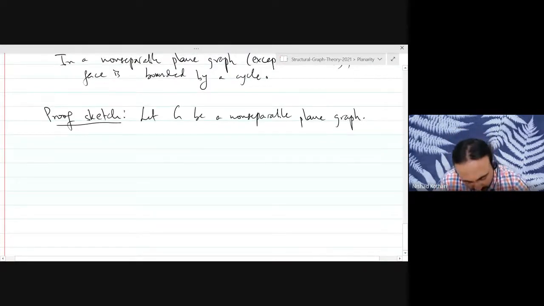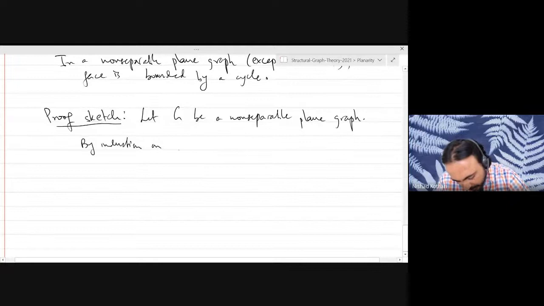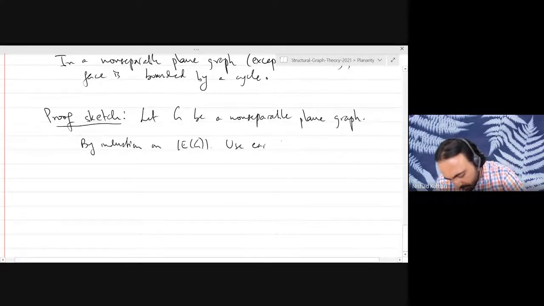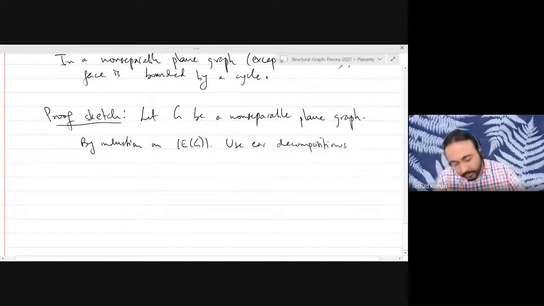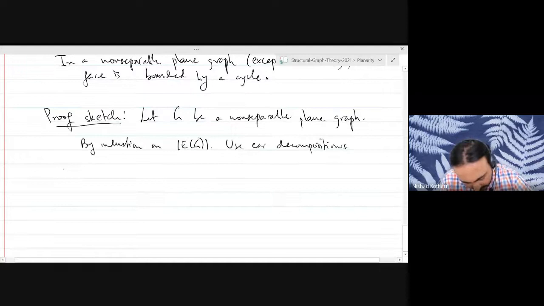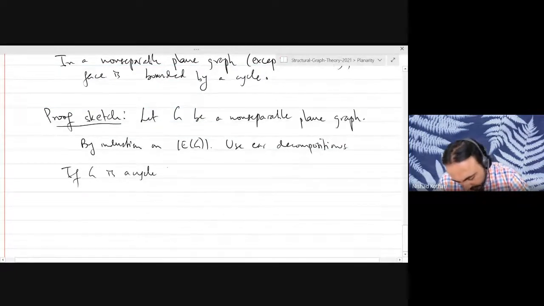So it's by induction on the number of edges of the graph, and we use ear decompositions. The base case is that if G is a cycle, then done.